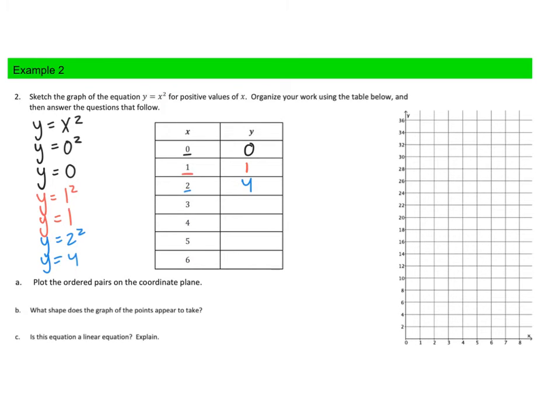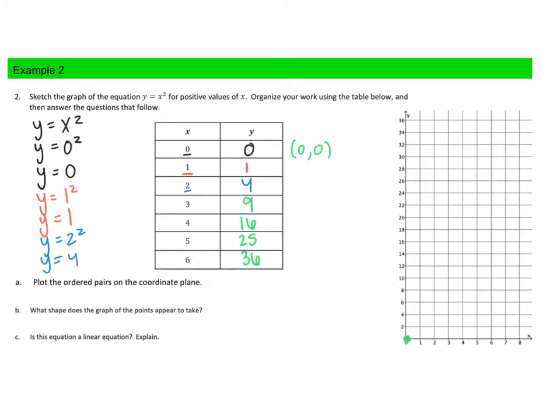Please fill in the rest of your table and I'll reveal it in about 30 seconds. All right, check your table with mine. Here are our values, and we are going to plot these on the coordinate plane. So we're writing them as ordered pairs. The first one is over 0, up 0.